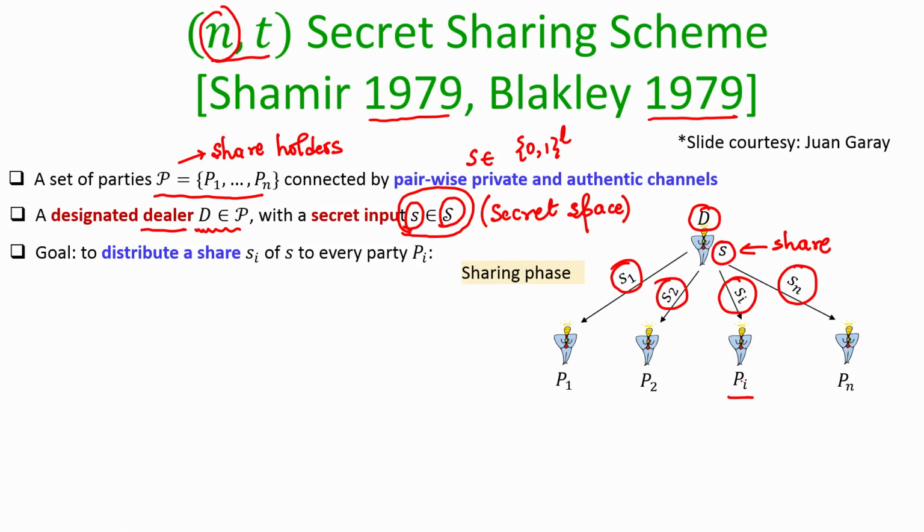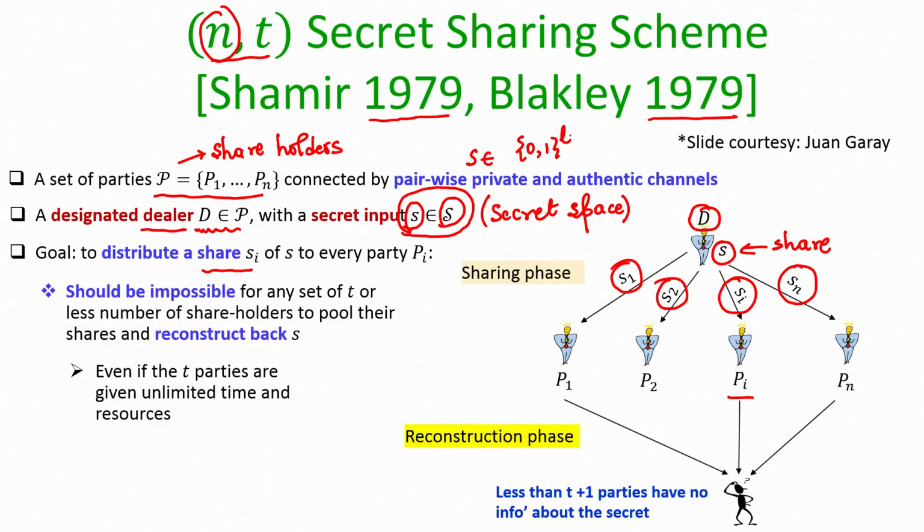So, we say that Si denotes the share of the secret S for the party Pi. That is a requirement, but if that is just my requirement, it is very easy to solve this problem. The dealer can give some piece of information regarding S to the first shareholder, some piece of information to the second shareholder, and so on.